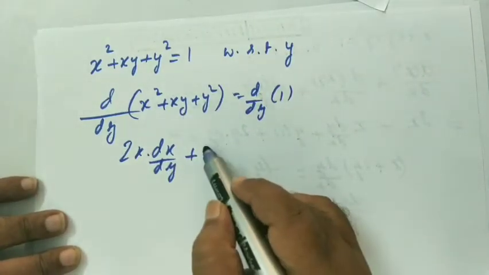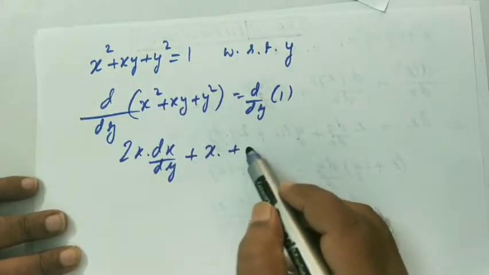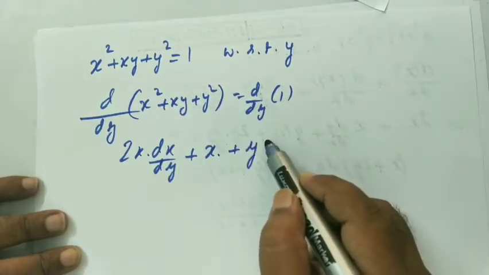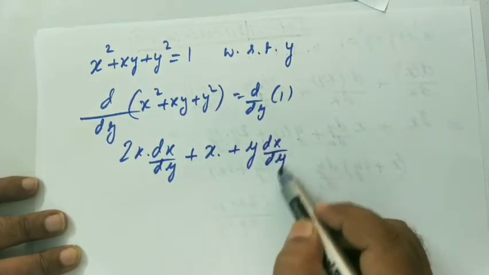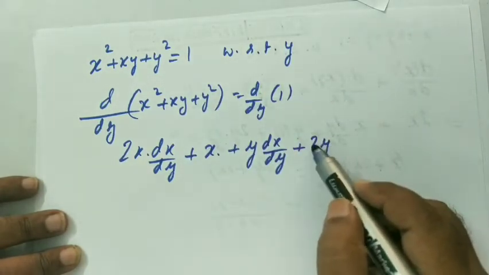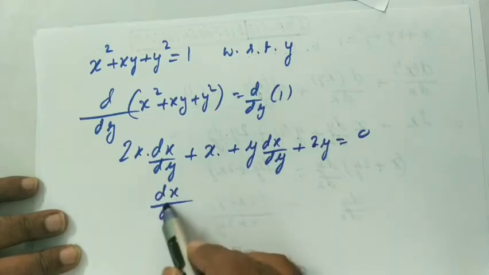Here the product rule, x, differentiation of y with respect to y will be 1. But here differentiation of x with respect to y will be dx by dy. Here no problem because with respect to y, and this is 0. Now I'll isolate dx by dy.